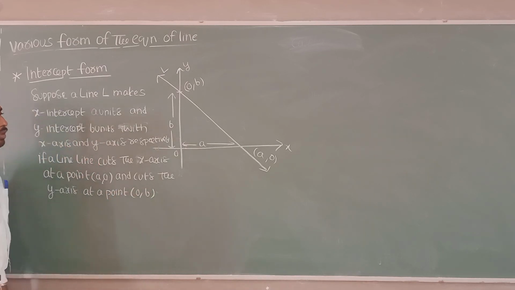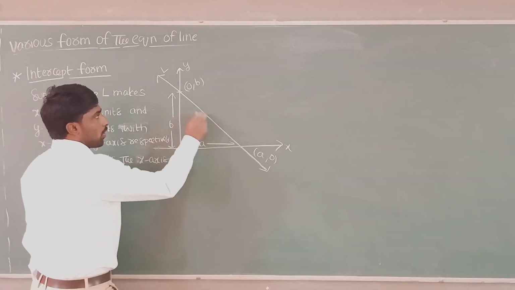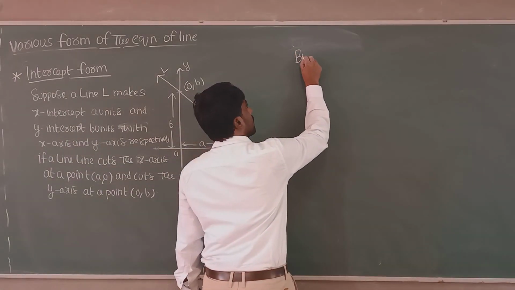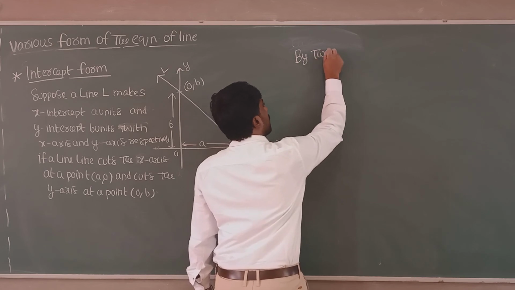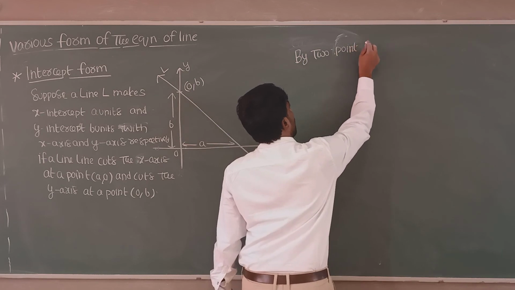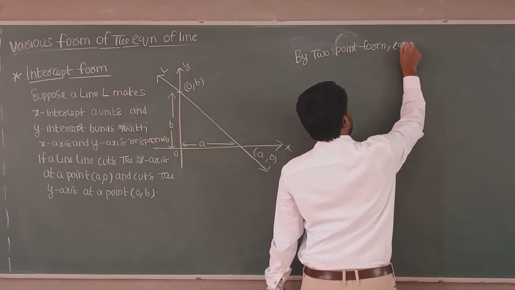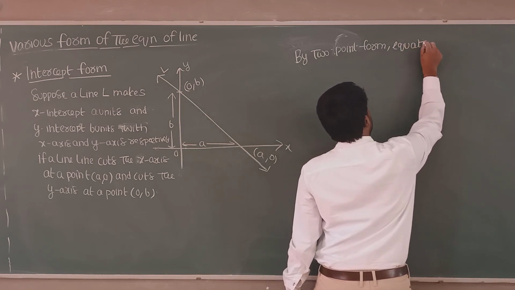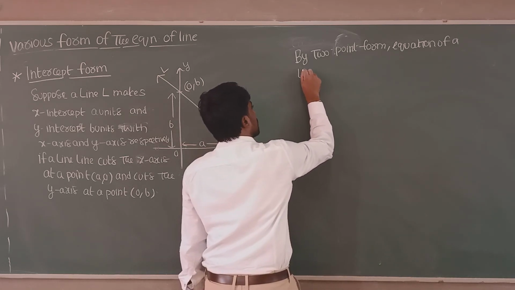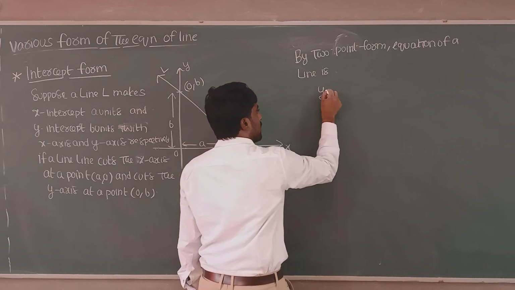Okay, then the intercept form of a straight line, we have to derive by using the two-point form of a straight line. So by the two-point form, the equation of a line L is, okay, the formula is what? y minus y1.